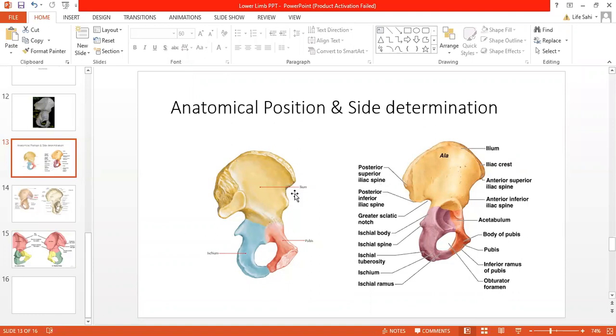The next point to understand the side determination of the hip bone is the pubic bone. As we will study further on, we shall study the different bony features of the pubis, and we will come to know that the pubis comprises rami and a body.